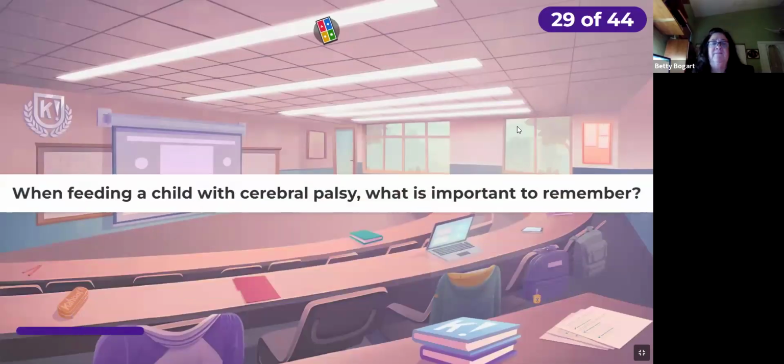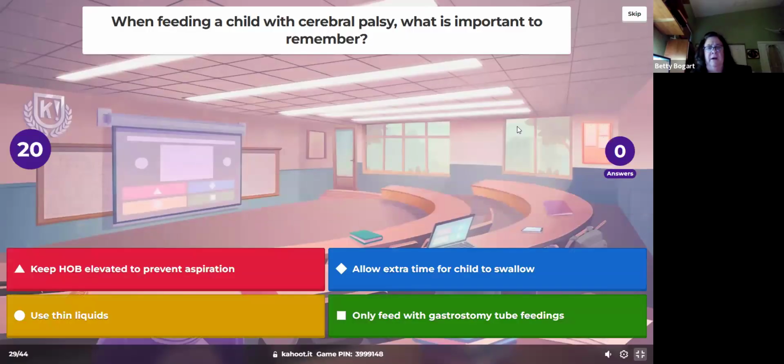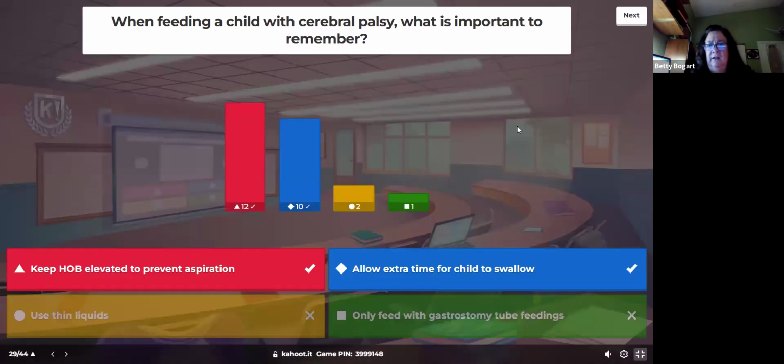A multi. When feeding a child with cerebral palsy, what's important to remember? So remember, cerebral palsy, we got these muscles are hypertonic, they're spastic. What are we concerned with feeding? Well, we've got jaw, we got muscles. Are they working? And always remember, cerebral palsy, always consider safety.